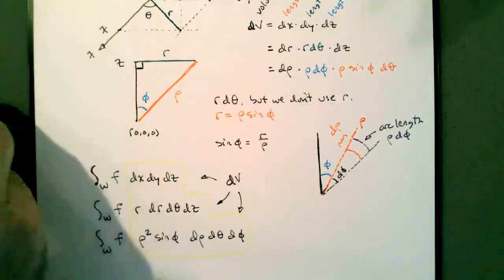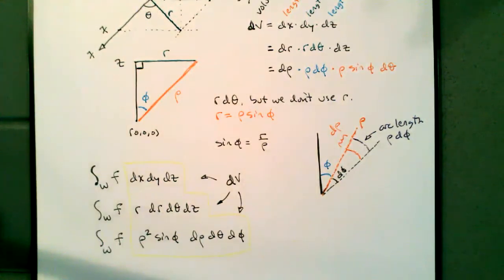So one of the things that we know is that if we integrate the function 1 over an interval, we get the length of the interval. If we integrate the function 1 over a region, we get the area of the region. And if we integrate the function 1 over a solid, we should get the volume of the solid.